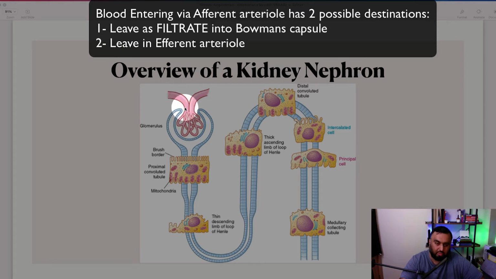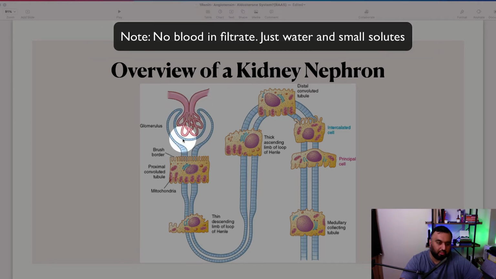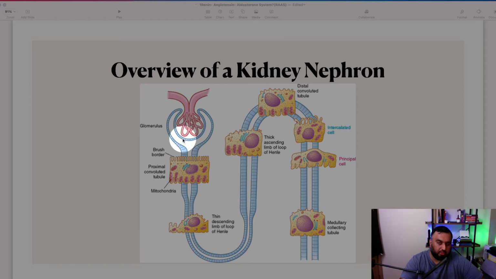One is that it comes out as filtrate, or it just continues on in the efferent arteriole. Just remember that there's no blood in the filtrate, just small solutes and water, and there are no blood cells, no large proteins, unless there's something wrong in the kidney or the nephron, or you've got a systemic issue like diabetes or something, but we'll get into that in a different video.